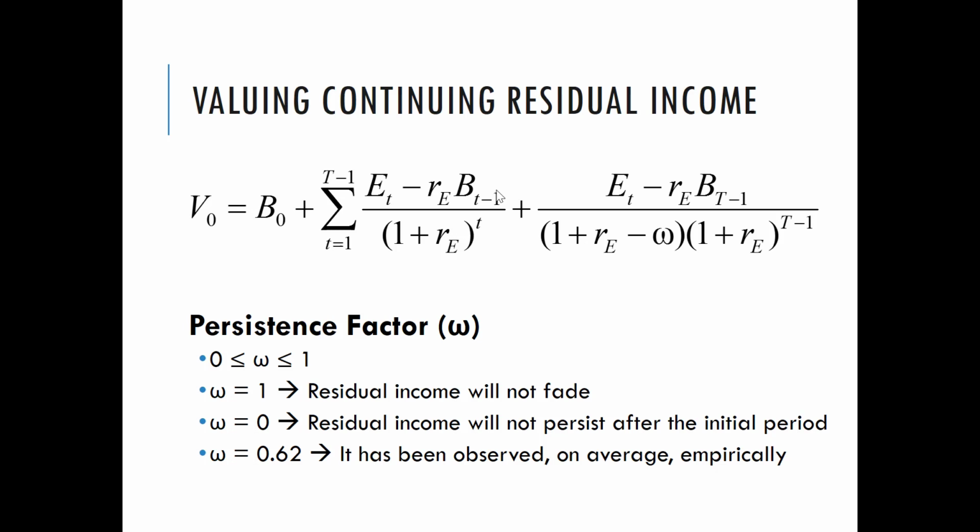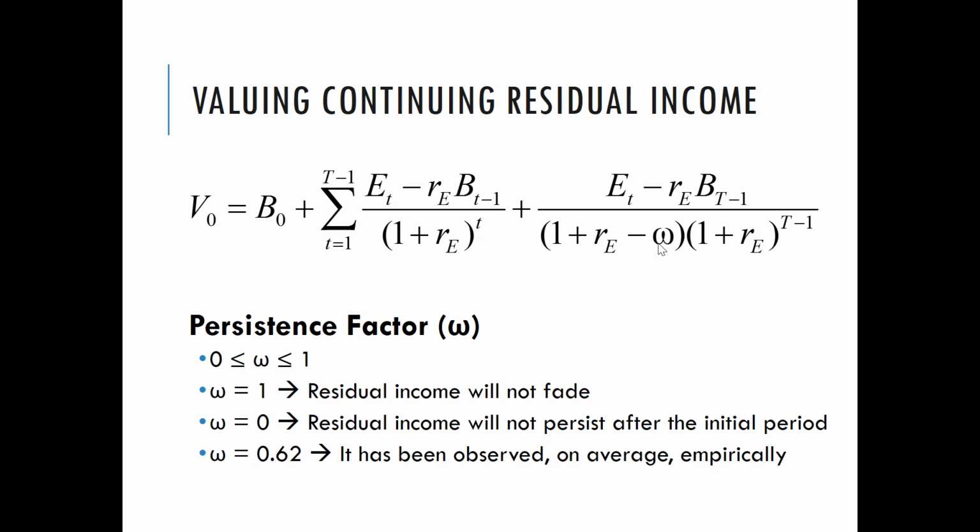And again, this formula, you don't need to memorize it. All you need to know about this formula is that all we're concerned about is the persistence factor. The persistence factor is the factor we include to account for how quickly the firm's residual income will decay. So if it's 1, we assume that there's no decay, so it will basically stay consistently flat.